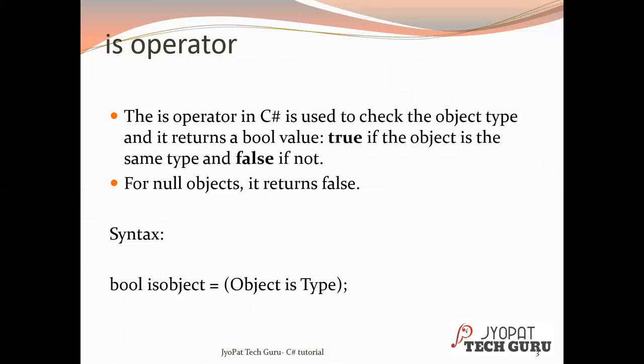If the object type is the same, it returns true, and if the object type is different, it returns false. For null objects, it returns false.